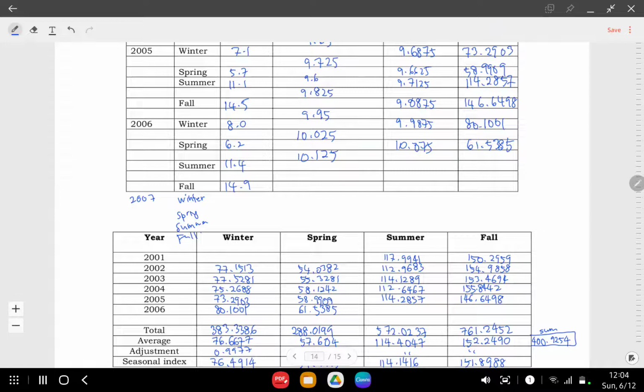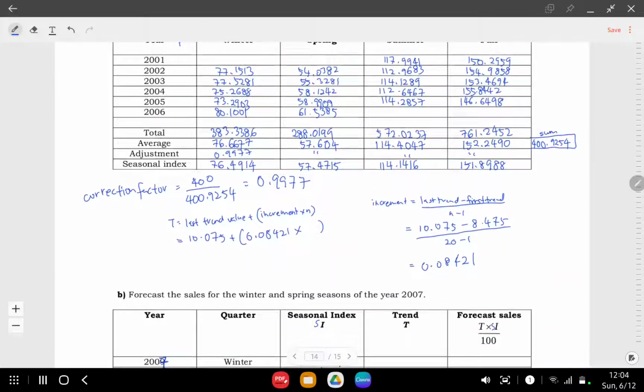Since winter is right here, it is 1 2 3 times away from the last trend value. So our n is 3.